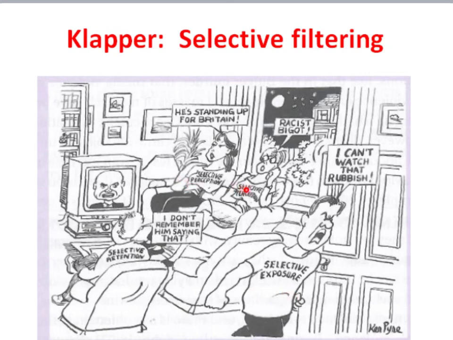Selective perception means that people will filter and interpret media output so that they only see or hear that which fits in with their own pre-existing views and interests. And then selective retention means that people will ignore or forget media output that is not in line with their own views and interests.